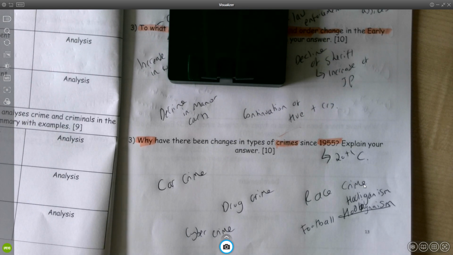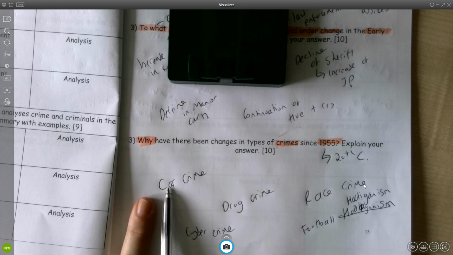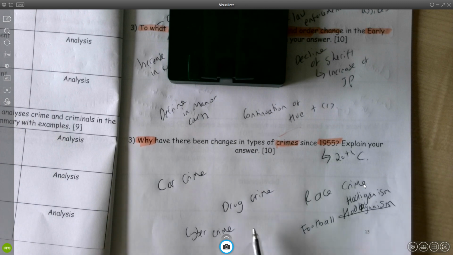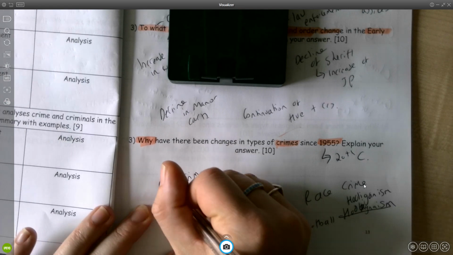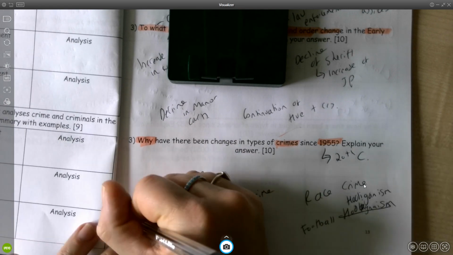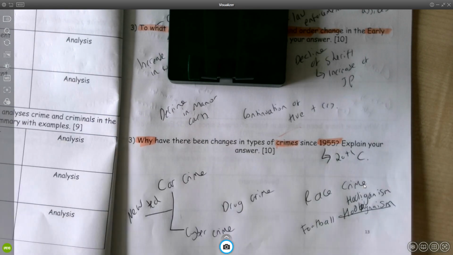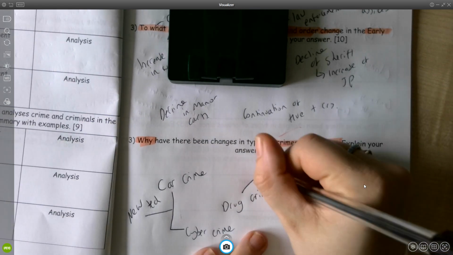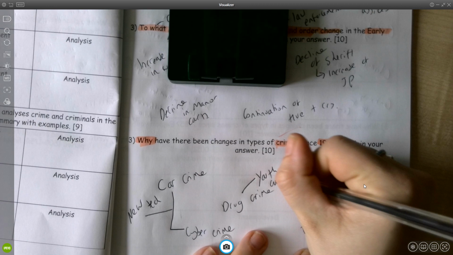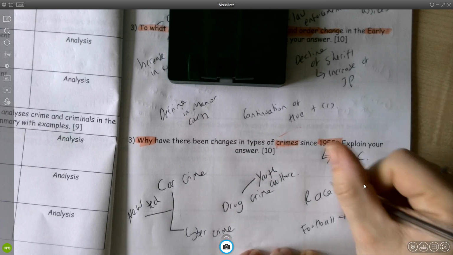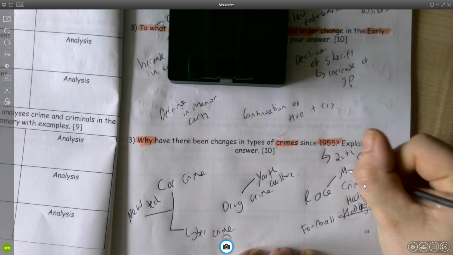So now you need to think, okay, right, why are these new types of crimes emerging? Okay, well, car crime, due to the invention of cars, which is new technology, as is cybercrime. So we know we've got new technology. So that could be one of our points. Drug crime, linked very much to youth culture movements. Race crime, due to immigration.